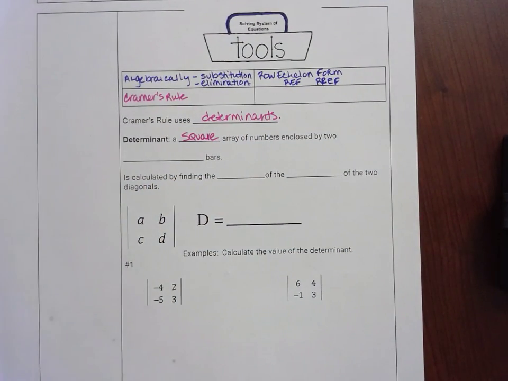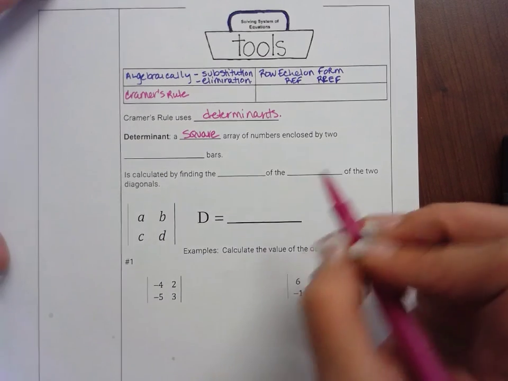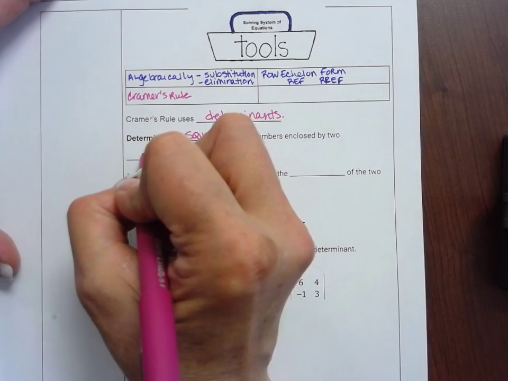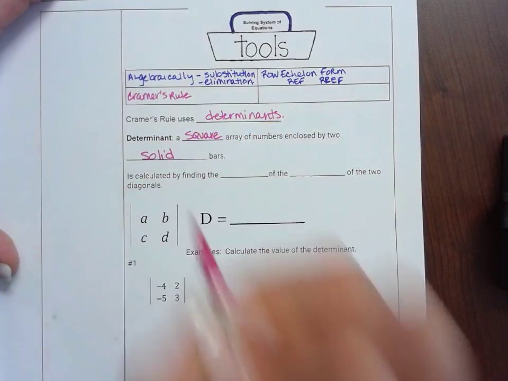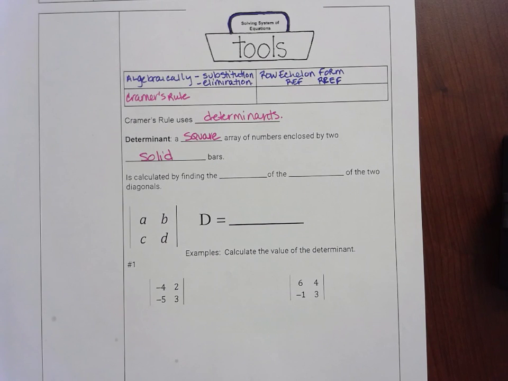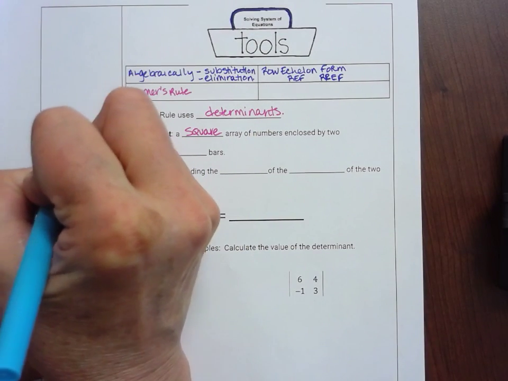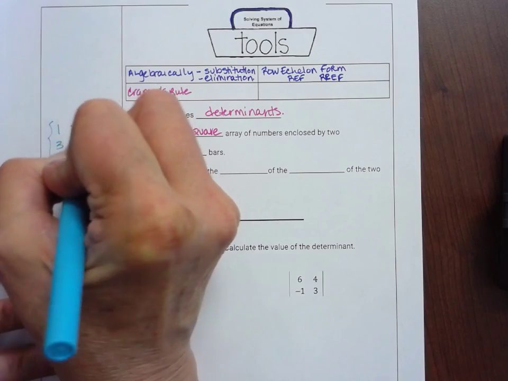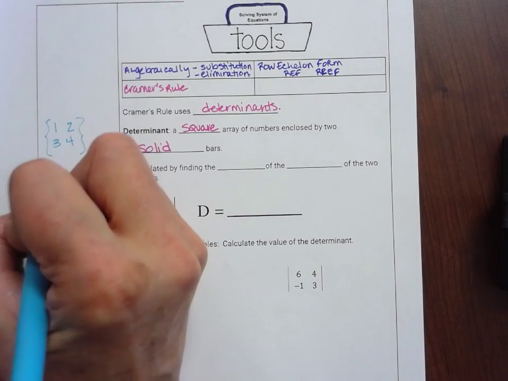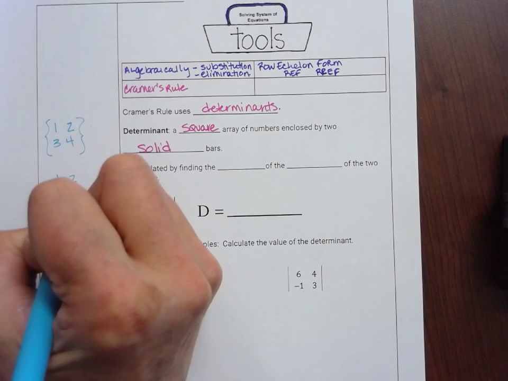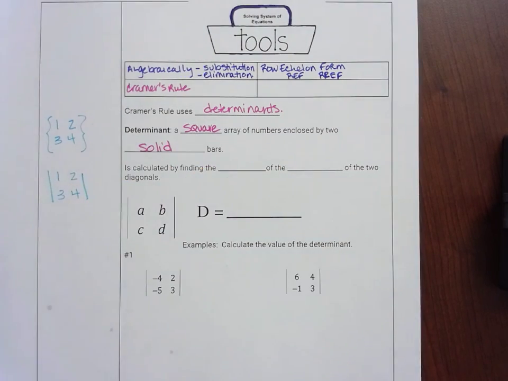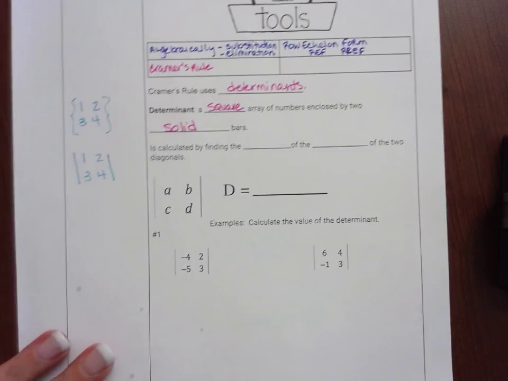A square array, meaning it's a square set of numbers, enclosed by two solid bars. This is where one of those key point things is. If I had 1, 2, 3, 4 looking like this, and I had 1, 2, 3, 4 looking like this, are they the same thing?